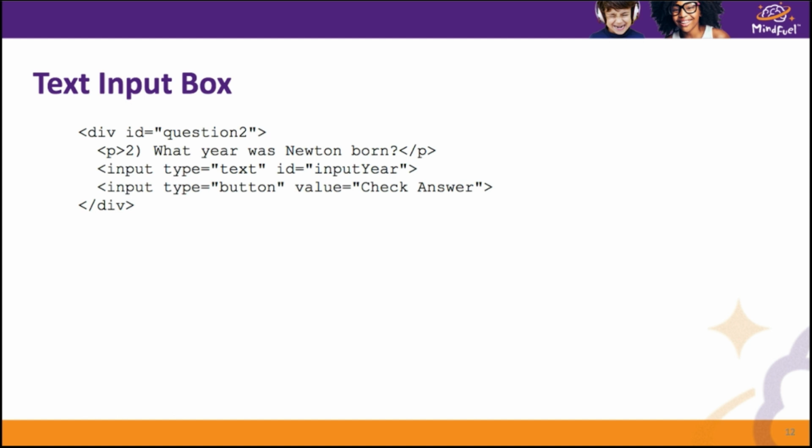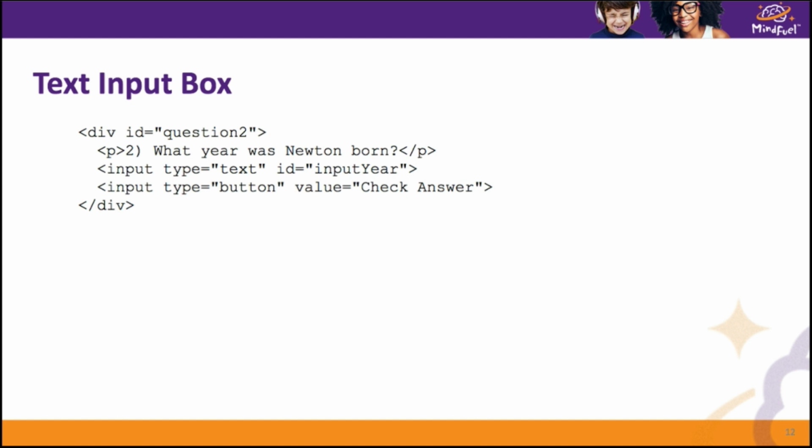Just to keep things organized, I am using a div tag to specify where question 2 starts and ends. We put the question in a paragraph and then display two input controls, a text box where the user can type an answer, and a button to click when ready to check the answer.